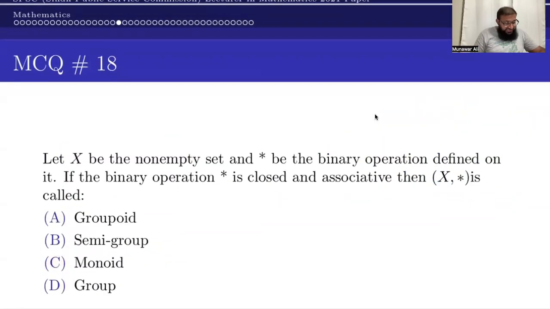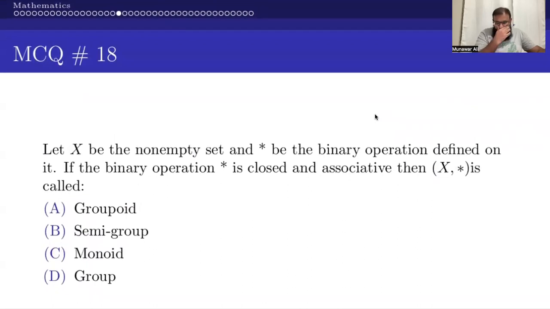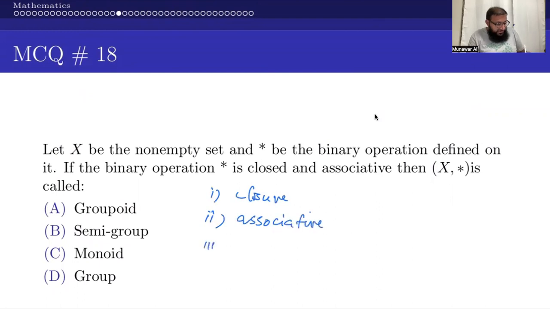MCQ number 18 is really simple. So let me just write something. When you define a group, you check closure, you check associativity, you check, what do you check?